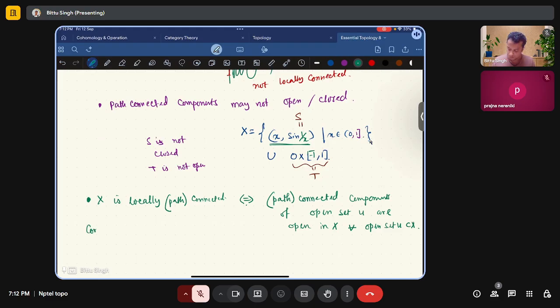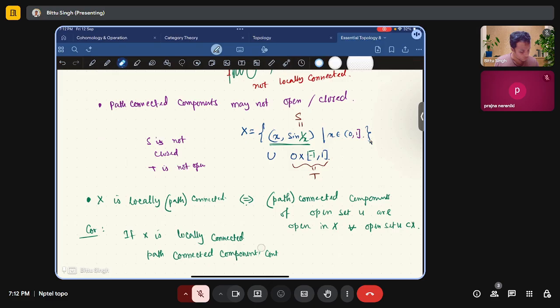Using this property, we get a corollary. So what is the corollary? If X is locally connected, then the path connected component containing x0 is the same as the connected component containing x0.